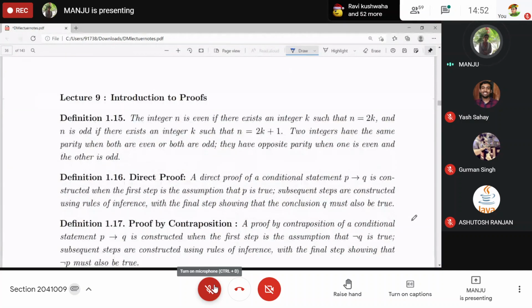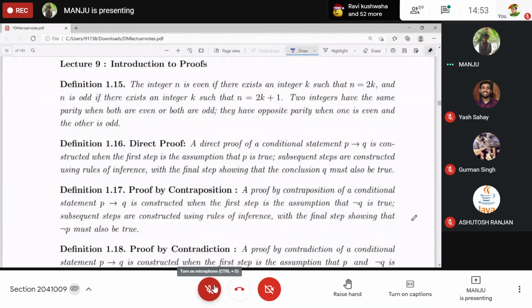Then we did the introduction to proofs. So tell me any doubt if you have. We did three ways, three proofs. One is direct proof, another is proof by contraposition, another is proof by contradiction.